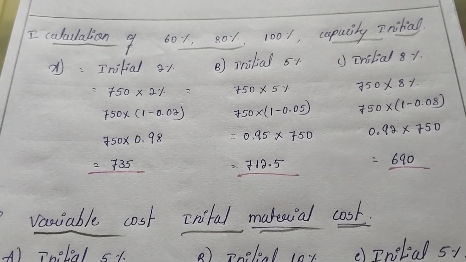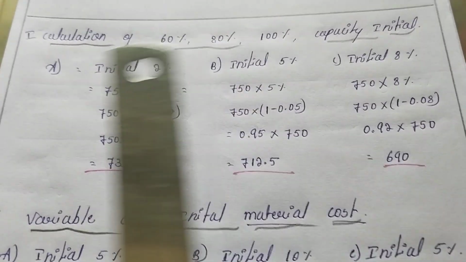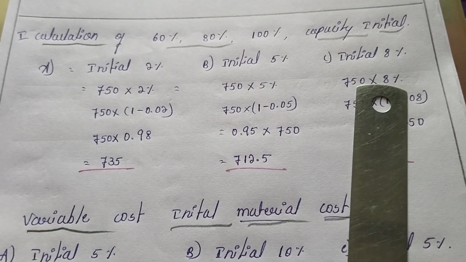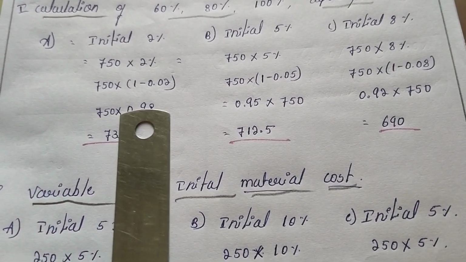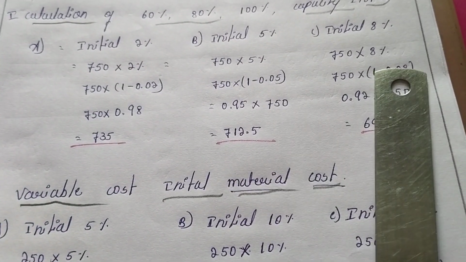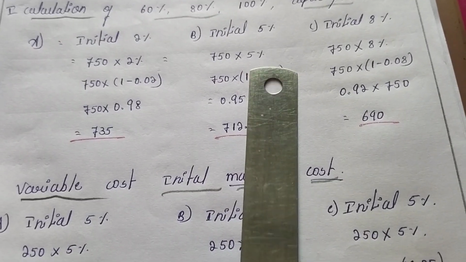Before we calculate the flexible budget at 60%, 80% and 100%, we should calculate the capacity adjustments. The percentages 2%, 5% and 8% are given in the problem.